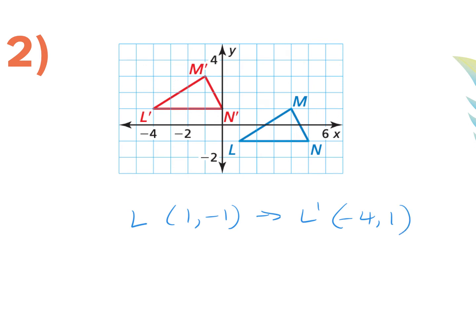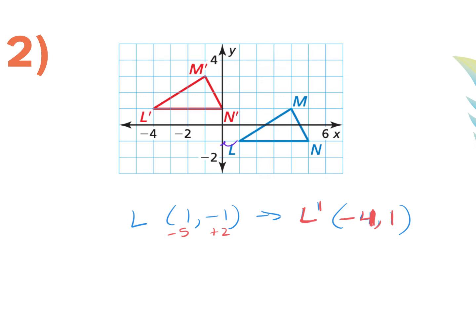-4, +1. So if I look to see what happened to the 1, it looks like to get the new one, the L prime, they subtracted 5 from the X and added 2 to the Y. So that's how they get -4, +1. And you could have counted the spaces. So let's do that.